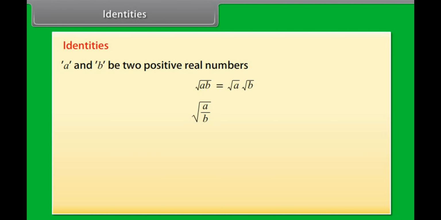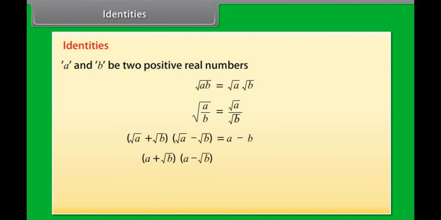Square root of a divided by b is equal to square root of a divided by square root of b. Square root of a plus square root of b multiplied by square root of a minus square root of b gives a minus b. A plus square root of b multiplied by a minus square root of b gives a square minus b.